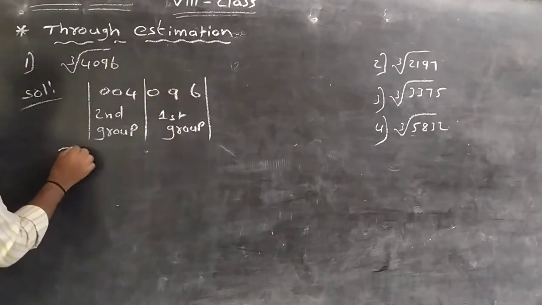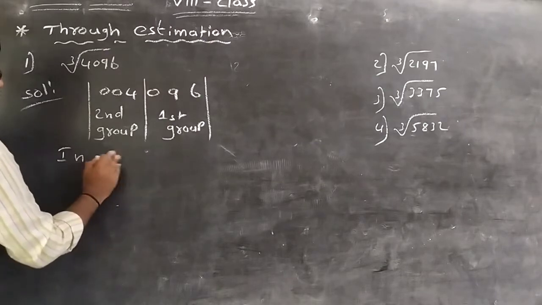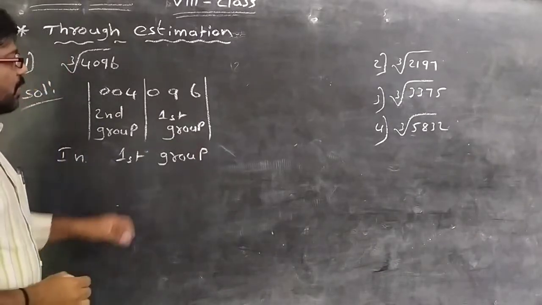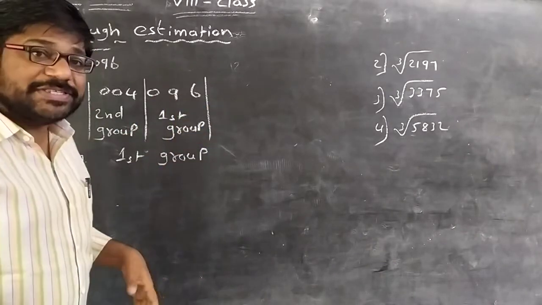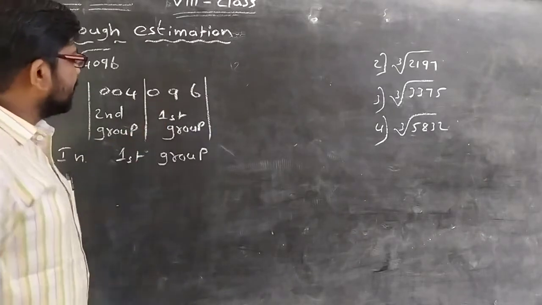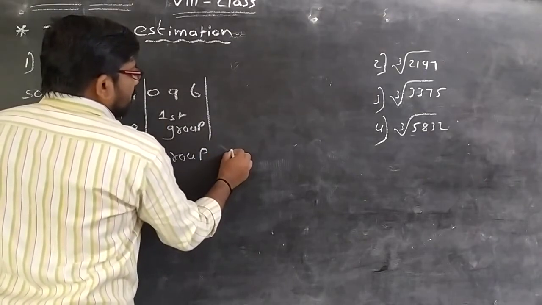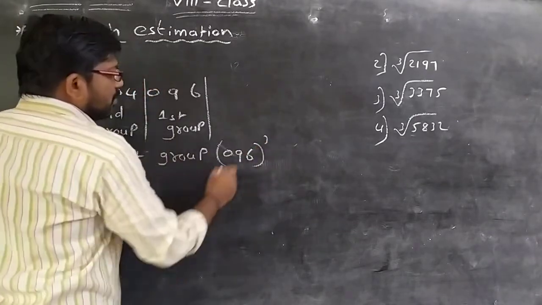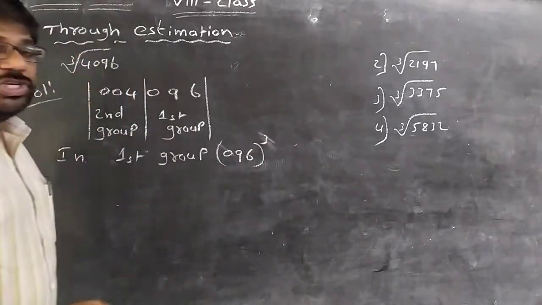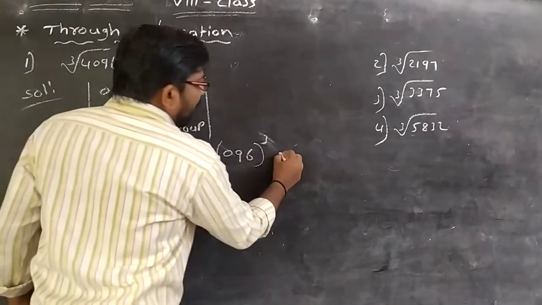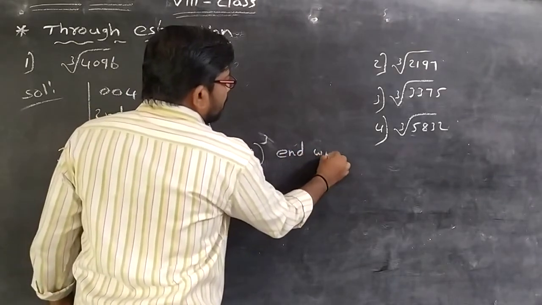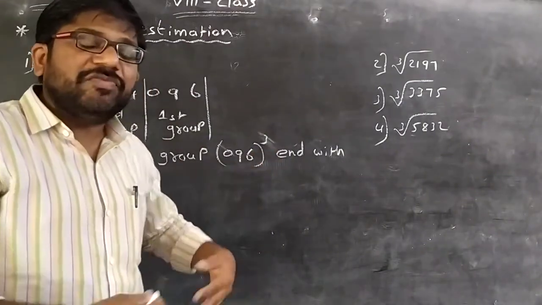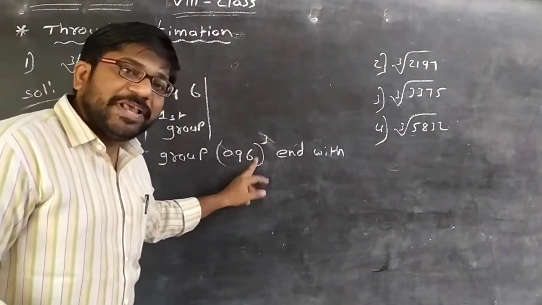The second step is in the first group. In the first group, the number is 096, meaning 96. Now 096 whole cube ends with which digit? Here the units place is 6.